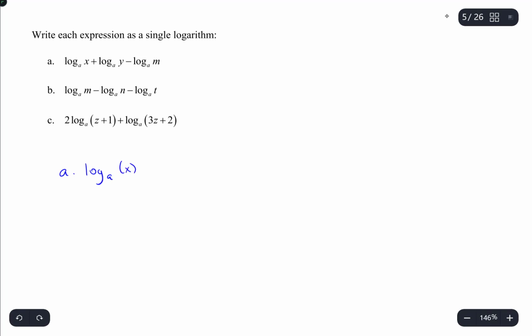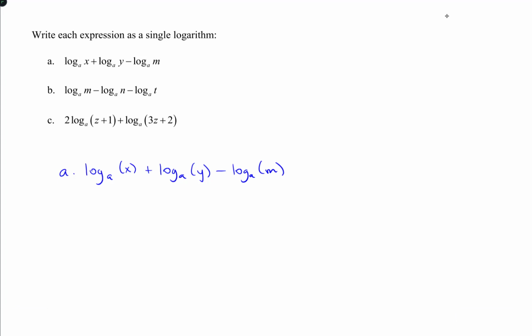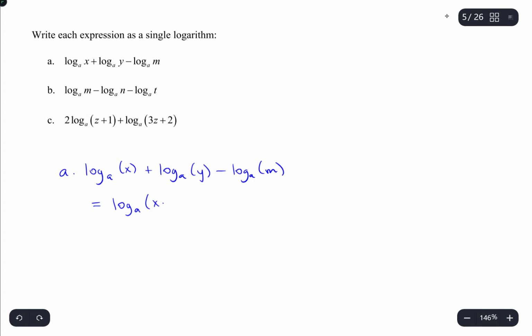log base a of x plus log base a of y minus log base a of m. So I have two logarithms that are added together and are of the same base, and I can combine those into a single logarithm where the arguments are multiplied.